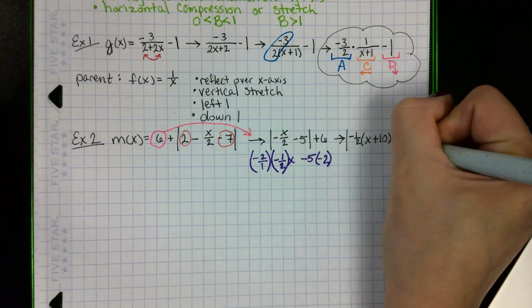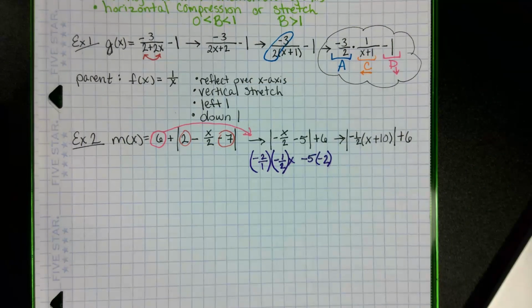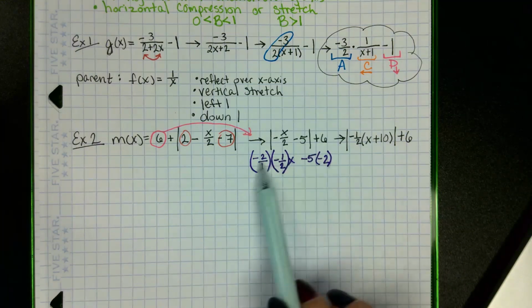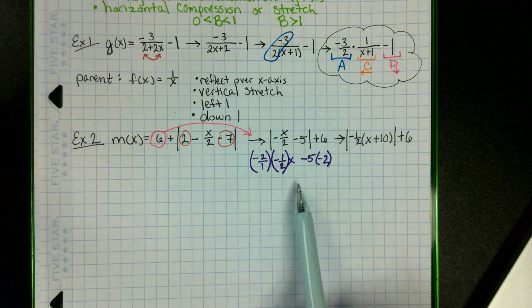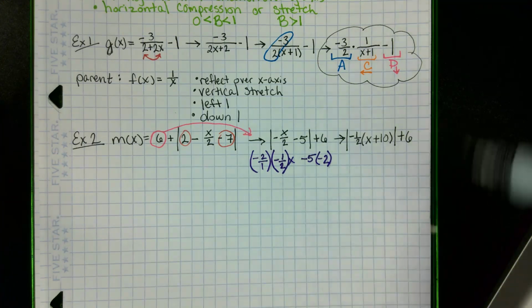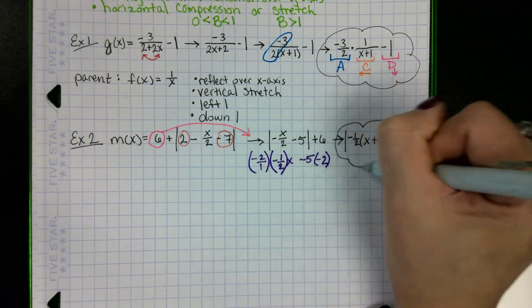And close the absolute value plus 6. So what I did right here makes sense. All right, so here's my standard transformation form.